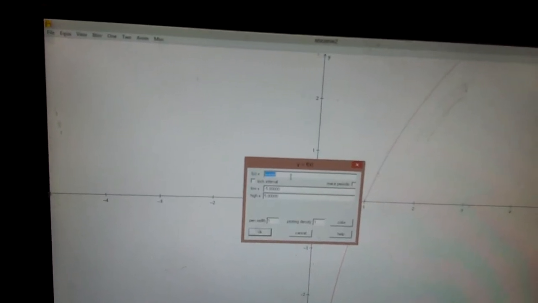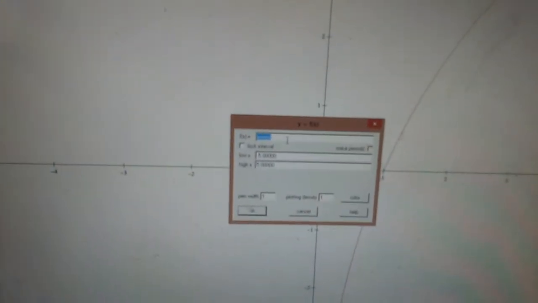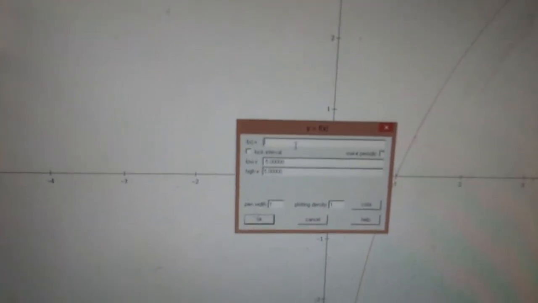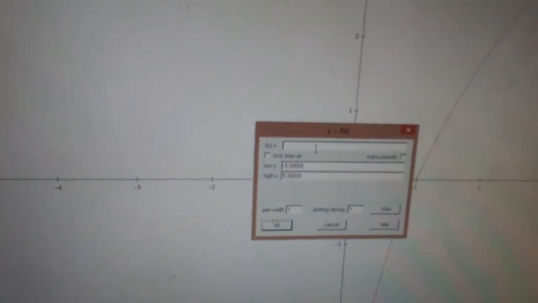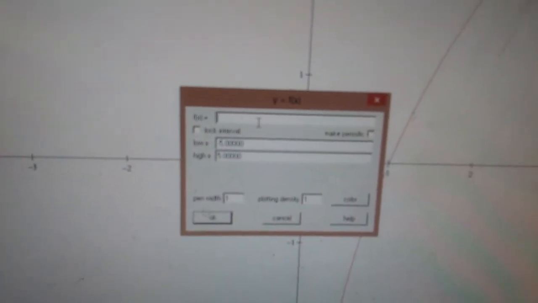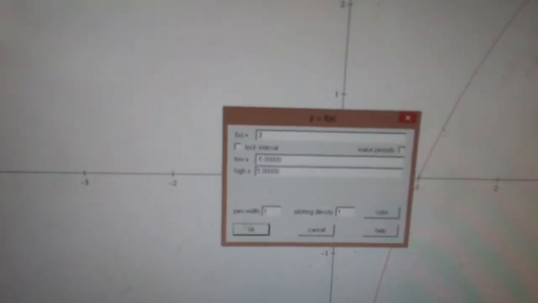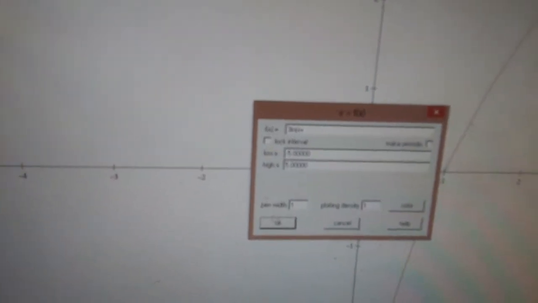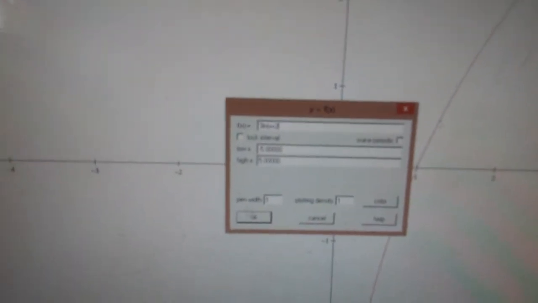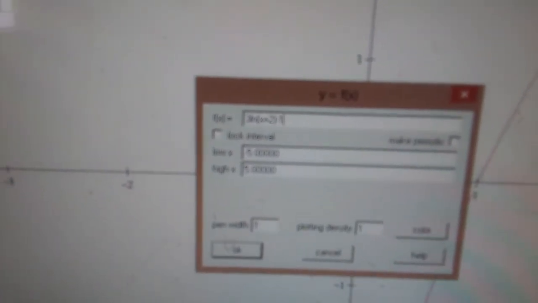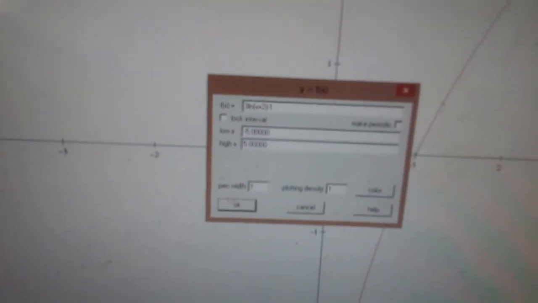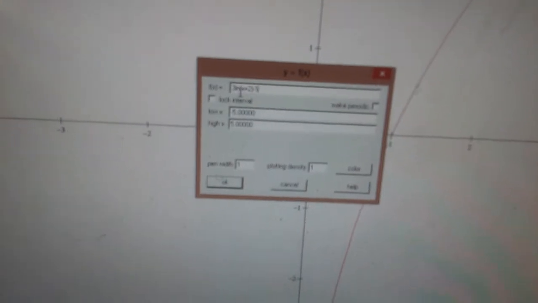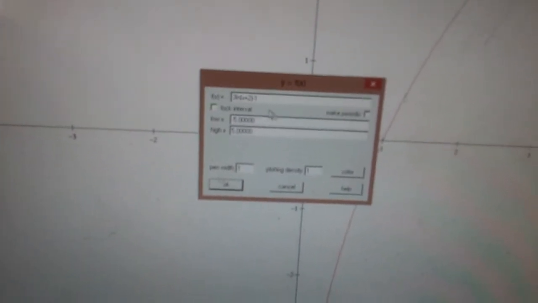Okay, now I'm going to plot my equation here. Okay, this is the format. I think it's not getting focused properly, but I hope you've understood that I have just written here the equation mentioned in the question.